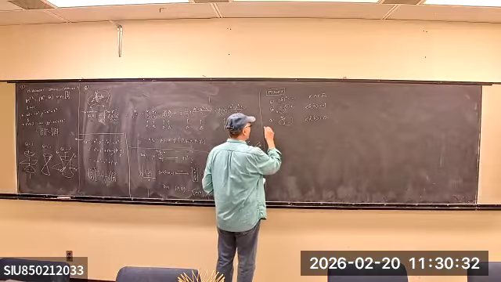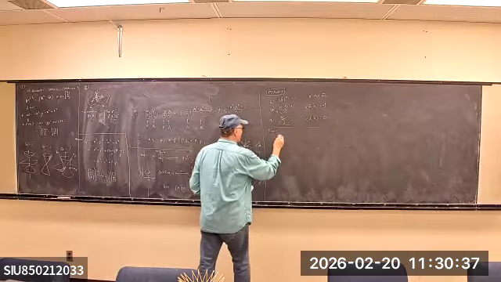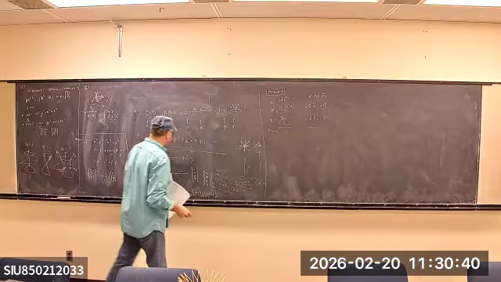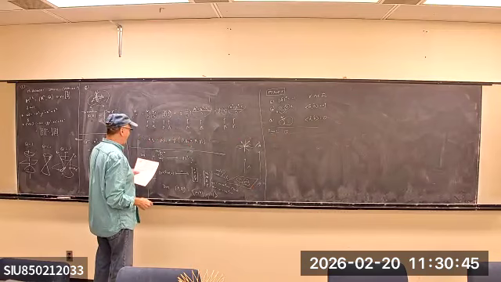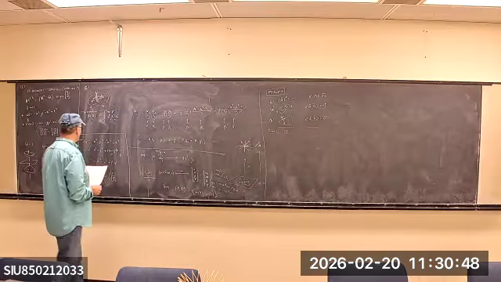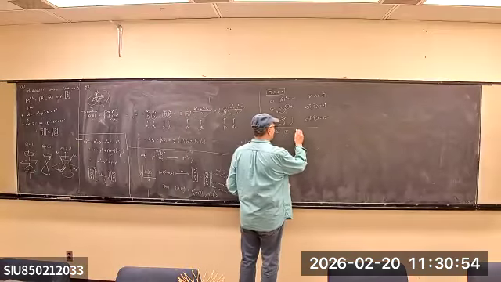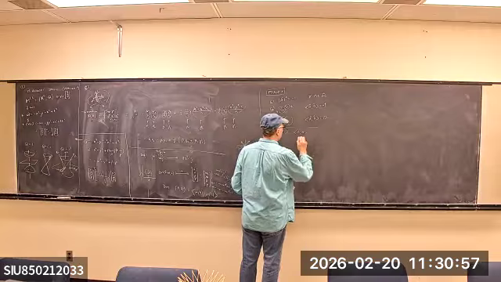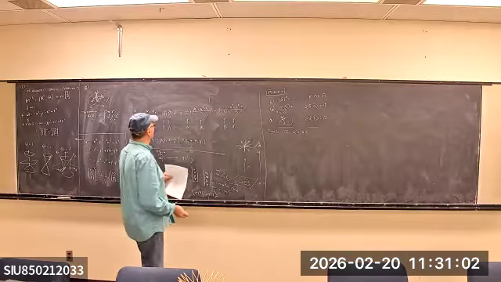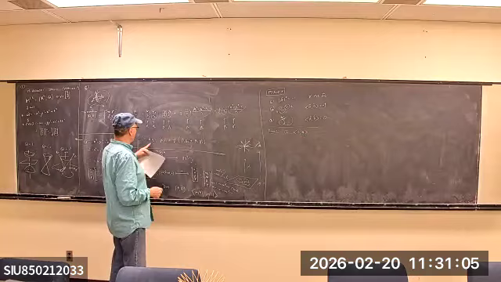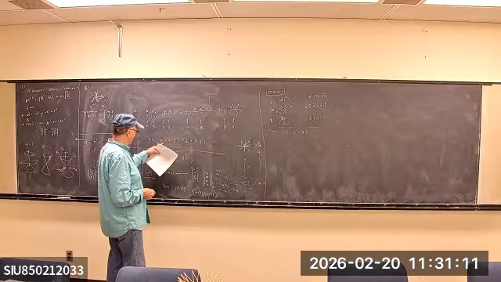Proof. A very simple proof, but let's do everything. Proof of one: we just do A with A. This minus this.